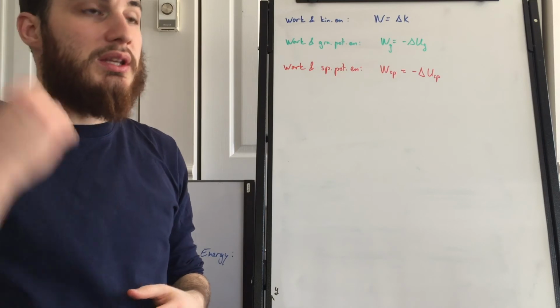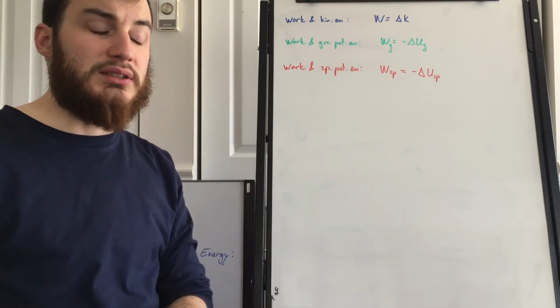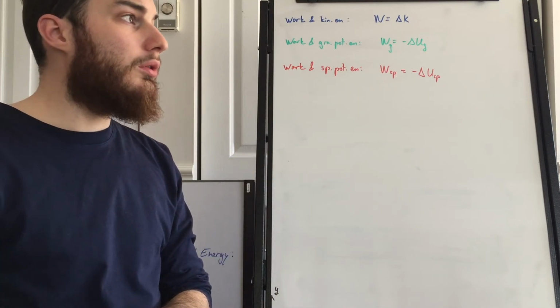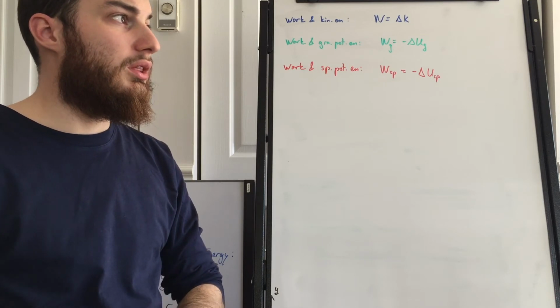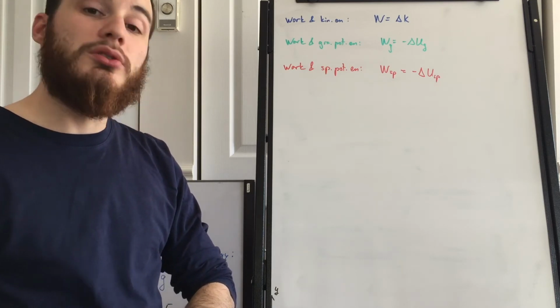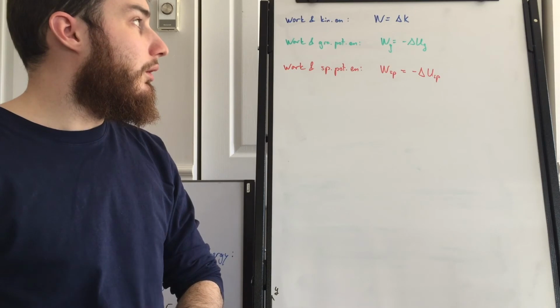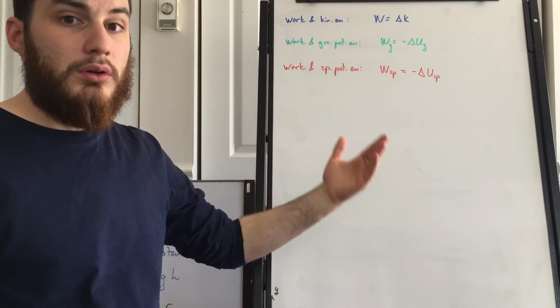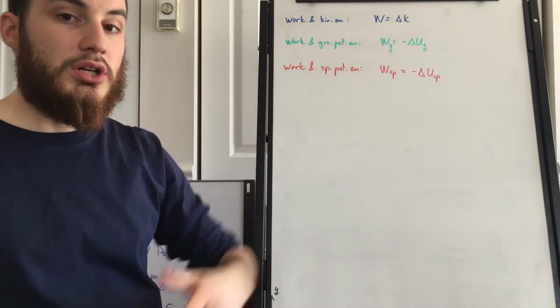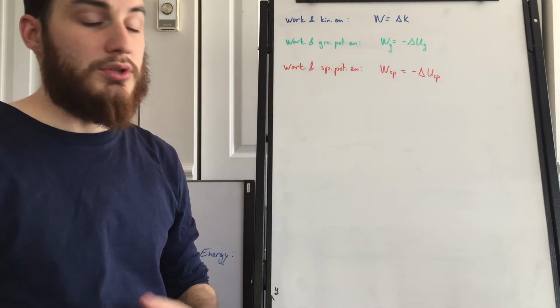If we wanted to do a similar analysis for another, what's called conservative force, we would get the same result, a negative times the change in potential energy of that force.